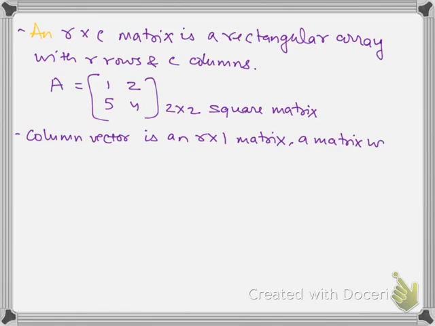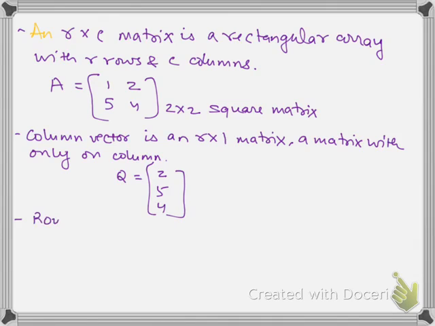So this would be something like, let's say, column vector Q: 2, 5, 4.